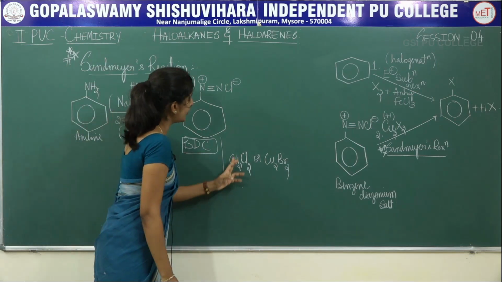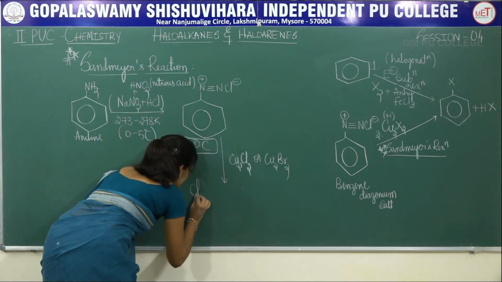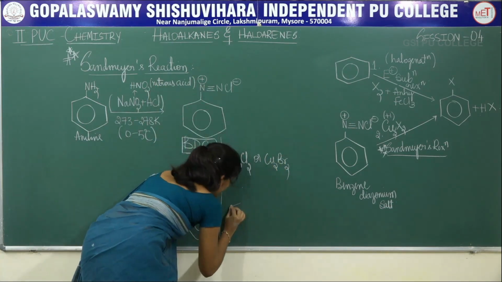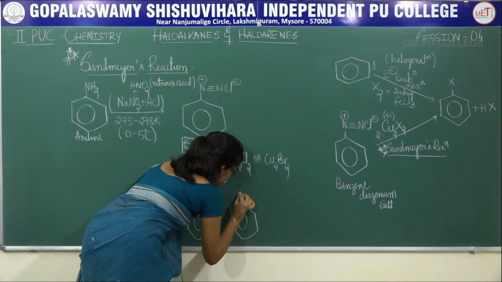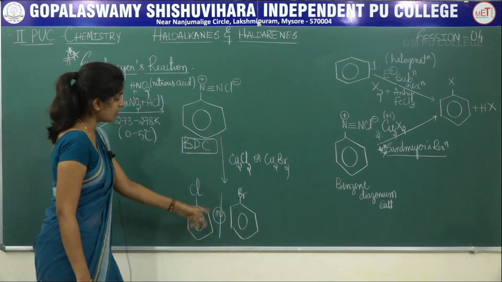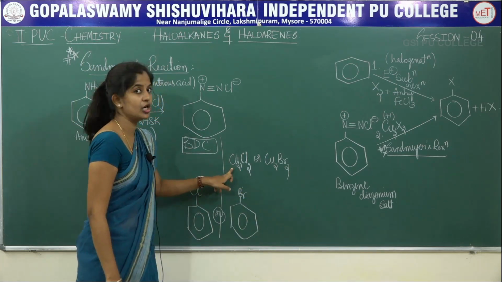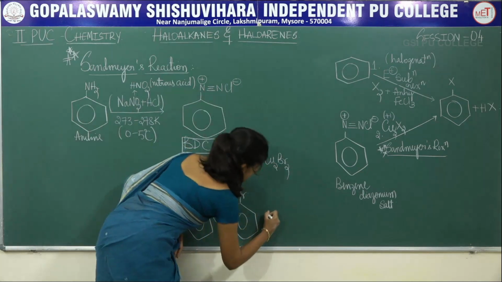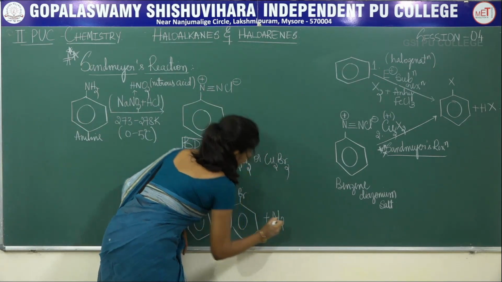So if you take cuprous chloride, you get chlorobenzene as the product, or if you use cuprous bromide, you get bromobenzene as the product. From this Sandmeyer's reaction, either you can prepare chlorobenzene or bromobenzene by reacting with the cuprous salt of either chloride or bromide. Along with this, there will be an elimination of nitrogen.